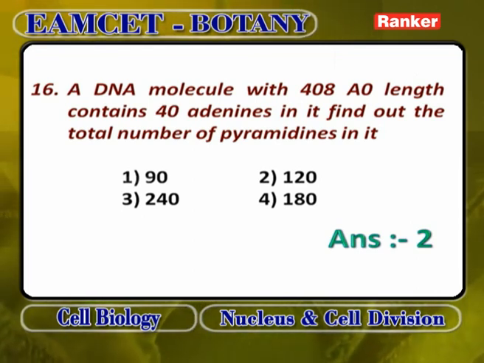Just now I told, 408 angstroms means 408 by 34, which is 12 spirals. 12 spirals means 120 base pairs, and 120 pairs means 240 bases. In these 240, 40 are adenines, so 40 are thymines and the remaining 160 are guanine and cytosine, 80 each. So in total the pyrimidines are 120.